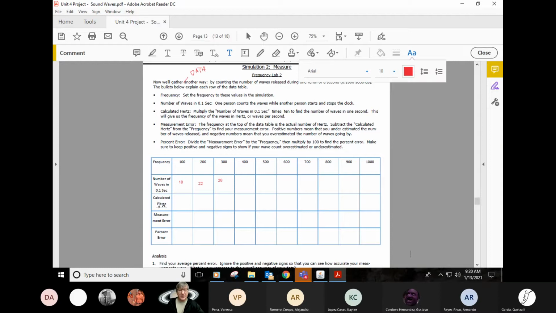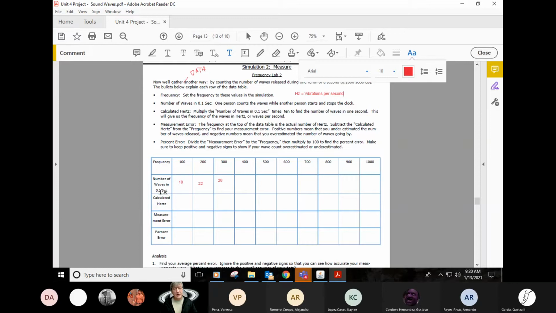Calculated hertz. Hertz is the vibrations per second, okay? I'm going to write that up here. Hz, which is our symbol for hertz, named after the scientist who first described this, is vibrations per second. Okay? So when we set up the simulation, that speaker should have been vibrating exactly 100 times per second, except they showed it to us in slow motion.